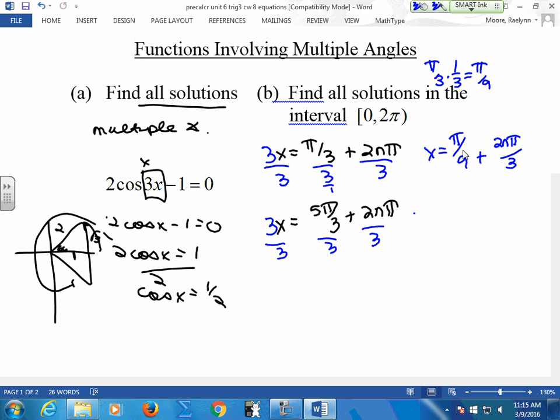So I end up with x is equal to, if I flip that over, what do I get? 5 pi over 3 times flip this over, 1/3. What would I get? 5 pi over 9 plus 2n pi over 3.